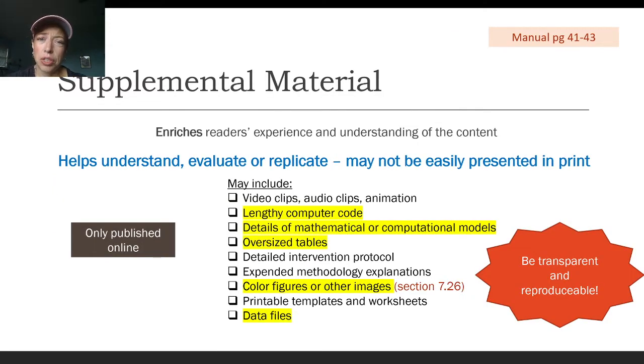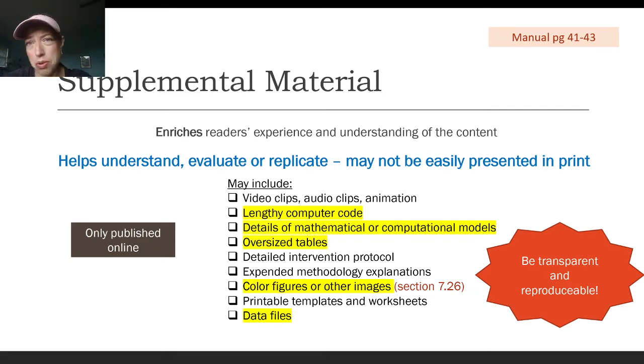In journal articles, we usually call this supplemental material rather than appendices, but you could have both. Usually supplemental material, though, is only published online and is not considered part of the manuscript itself. I really feel this is where using R can be very beneficial, because if you knit your R notebook, you have a larger file that might be distracting to replicate completely in a journal article, but might be informative for other interested parties reading your manuscript.